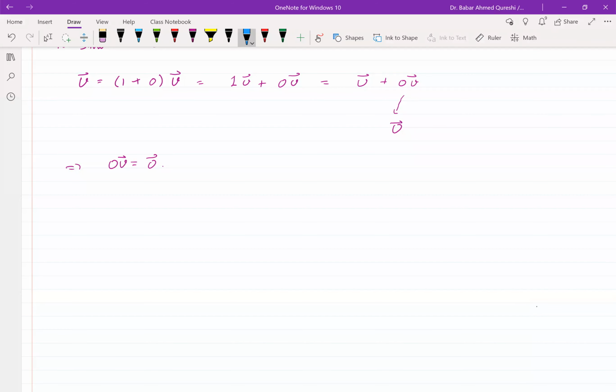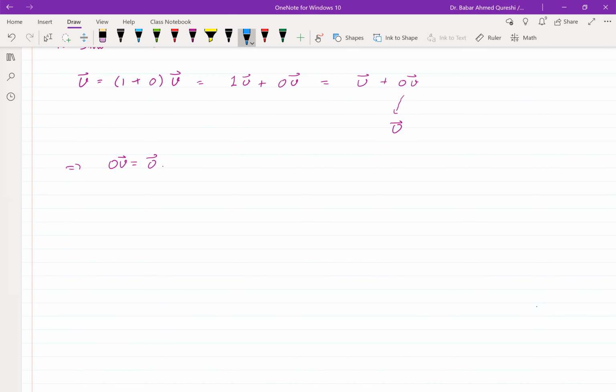And any result, which is why we define categories, because if I use these rules to get any result, will be true for all objects that are in that category. So if I prove something using only these properties, then that result will be true for any object which is a vector space.